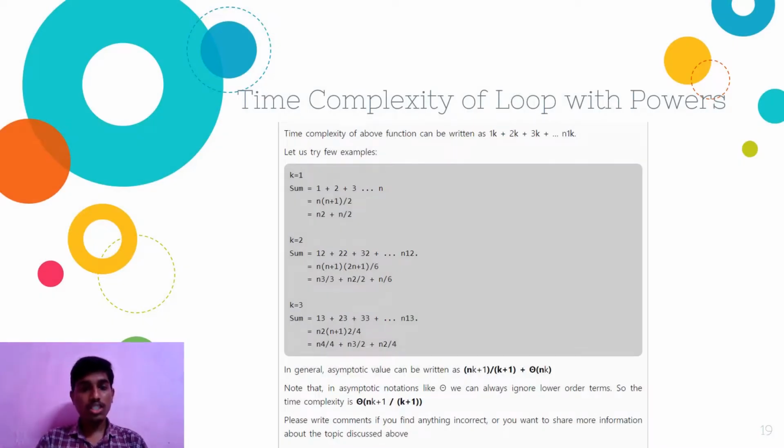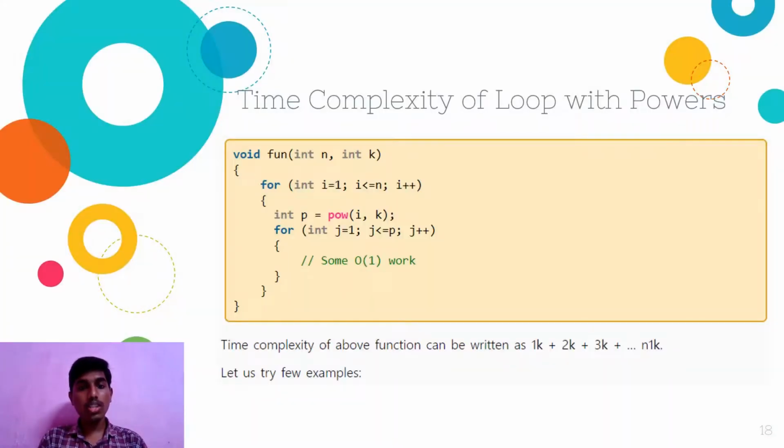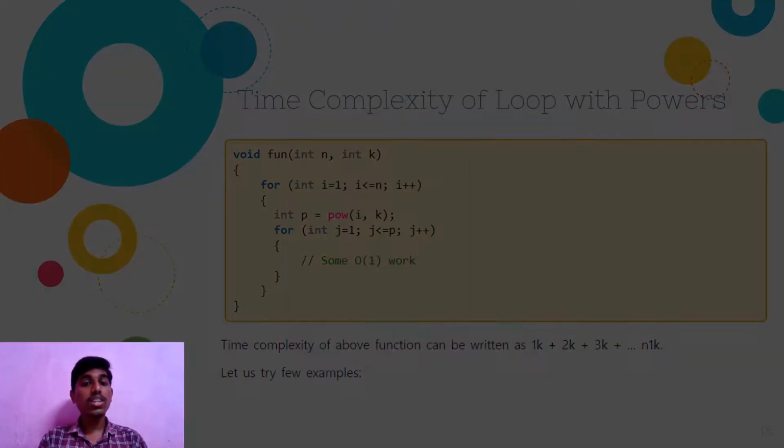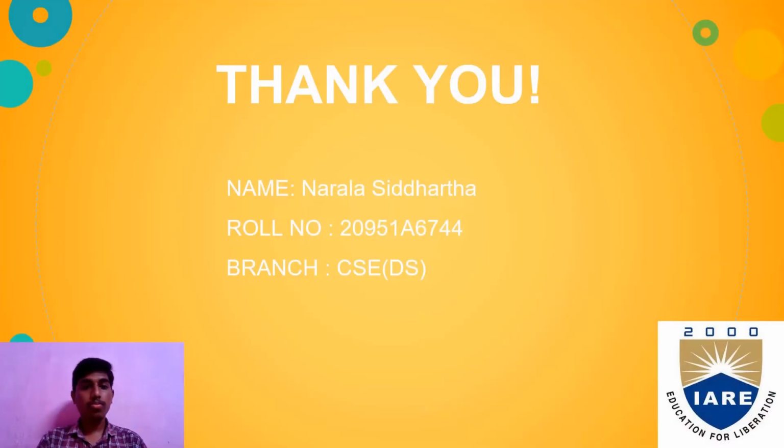So it is another example, and here the time complexity of this code increases based upon this power, and we have used two for loops. Hence the time complexity of this code may be more complex when compared to others which contain a single for loop. Thank you.